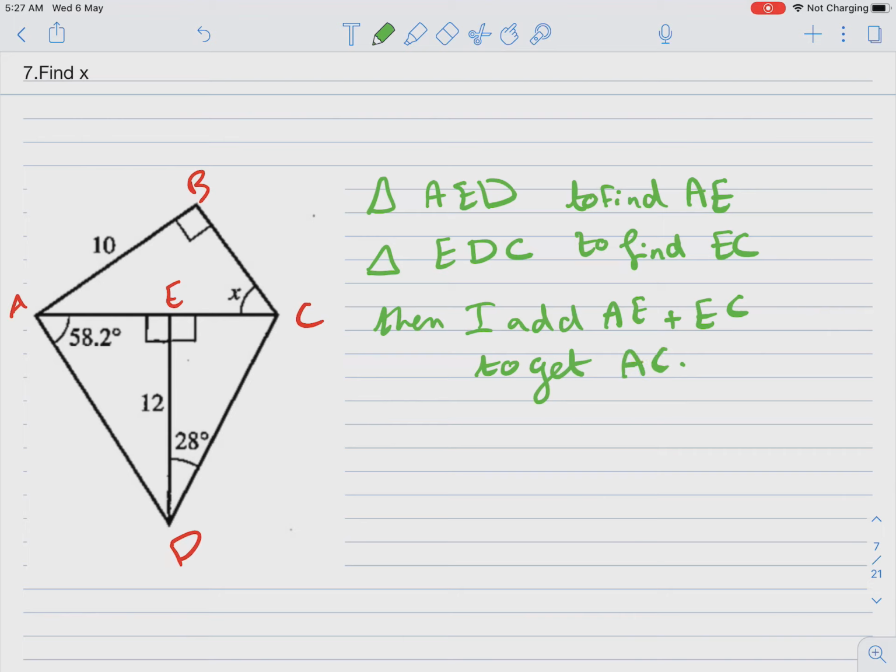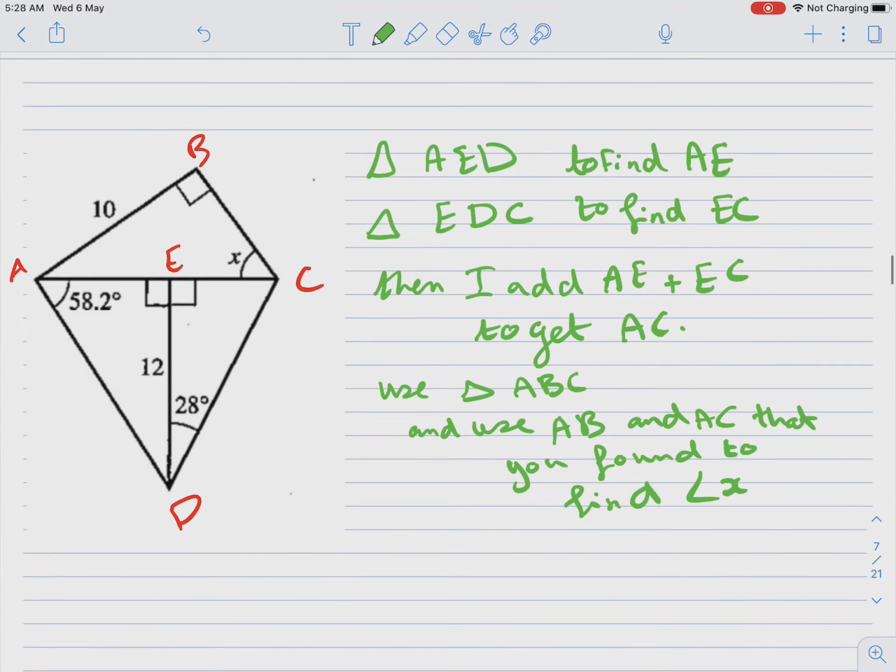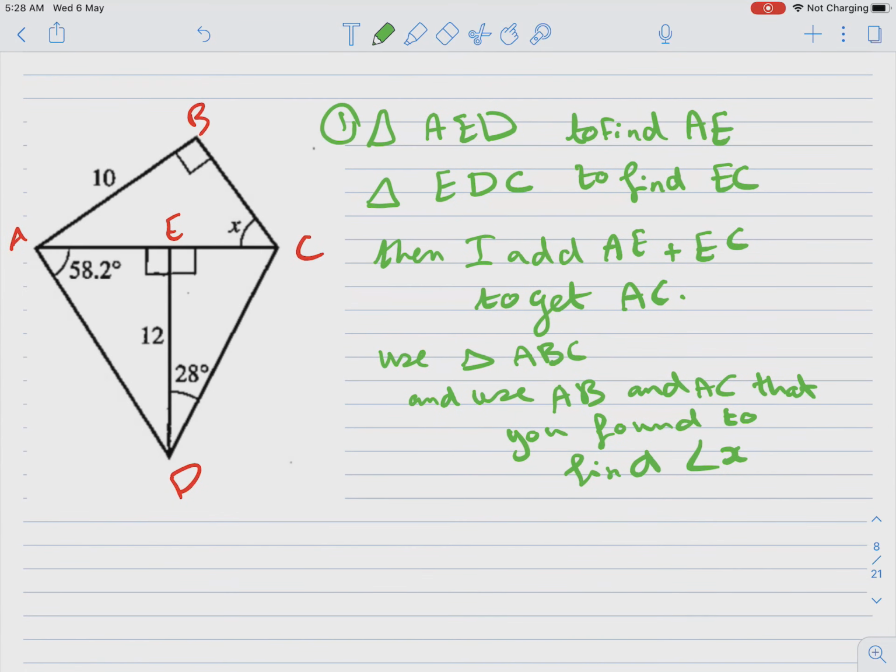Then after that I will be able to use triangle ABC and use the AB and AC that you found to find angle X. So this is the strategy that we will use. First of all, I need to find AE. So this is number 1.